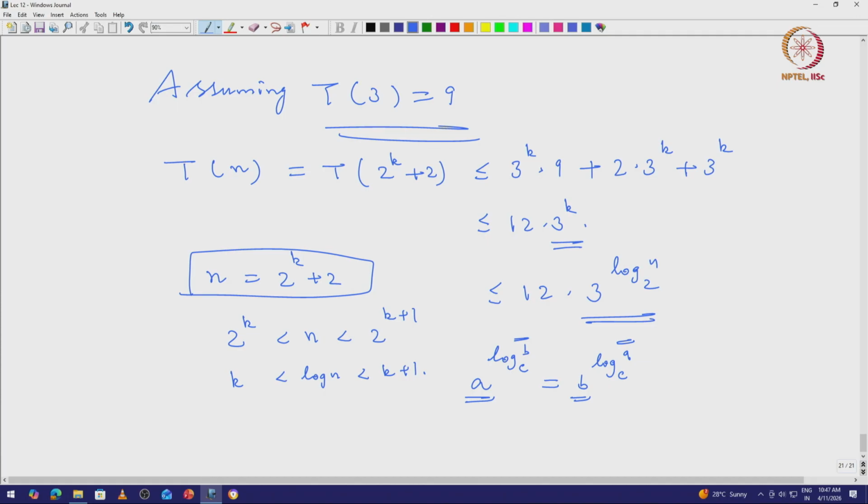Therefore, this I can write as 12 n power log 3 to the base 2. So 3 and n are exchanged. This is nothing but order n power log 3 to the base 2. The same conclusion we get, but with a slightly different algebra.